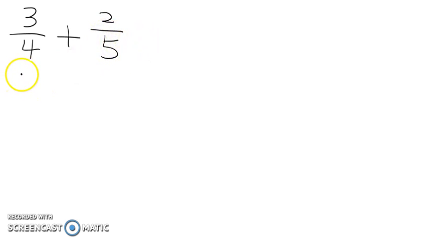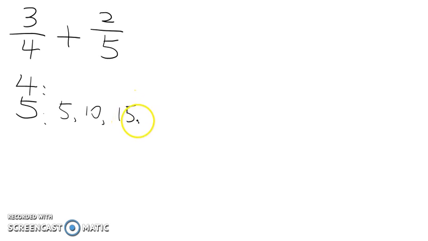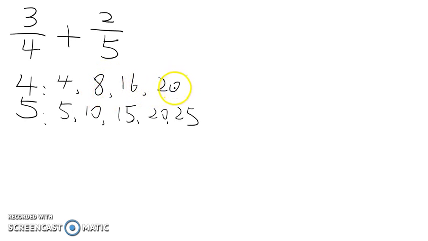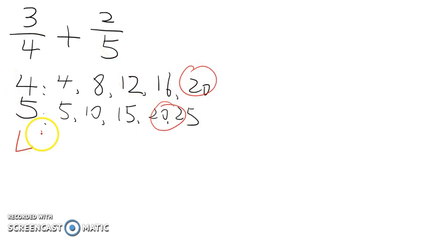Now 1, write down the denominators 4 and 5. Say we got 5, 10, 15, 20, 25, and 4, 8, 12, that's right, I missed one, 12, 16, 20, and circle the 20, and I would know you understand the lowest common denominator equals 20.